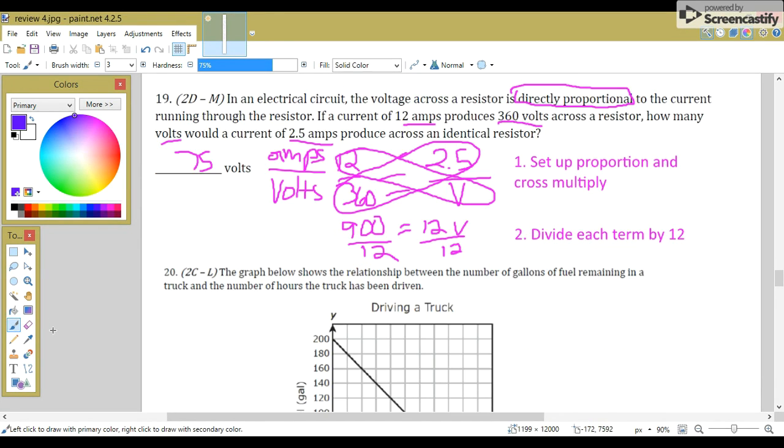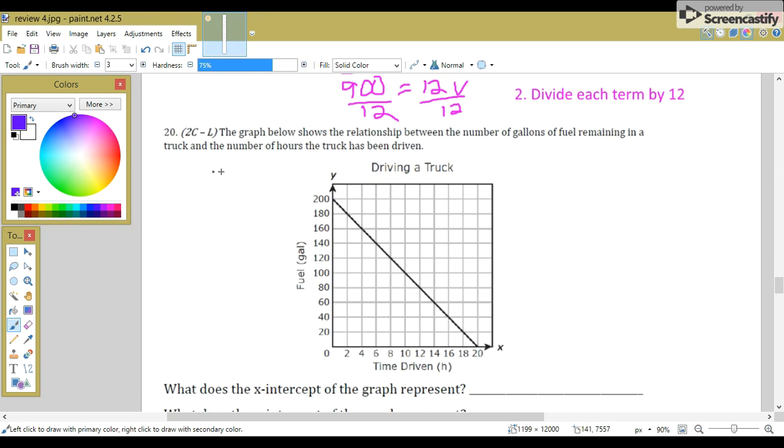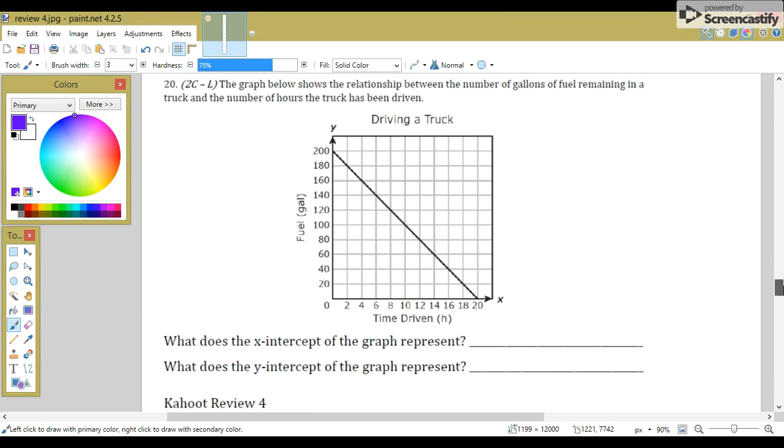20. 2C. The graph below shows the relationship between the number of gallons of fuel remaining in a truck and the number of hours the truck has been driven. What does the x-intercept of the graph represent? Well, first let's find the x-intercept. That's right here. We have 20, 0.